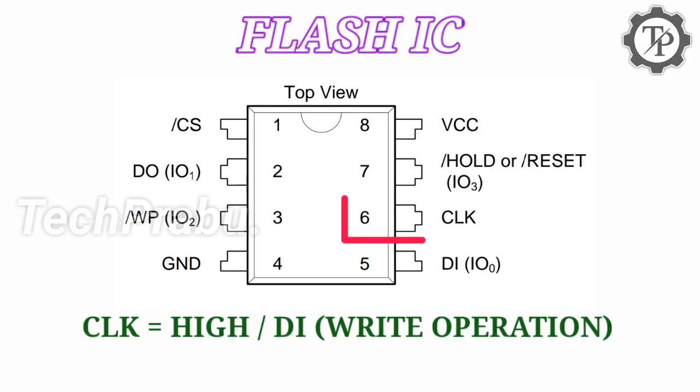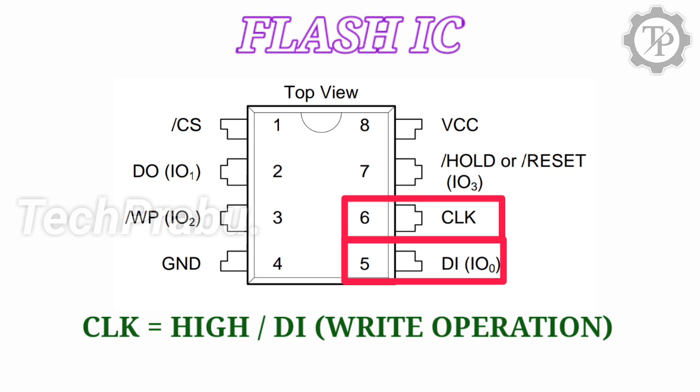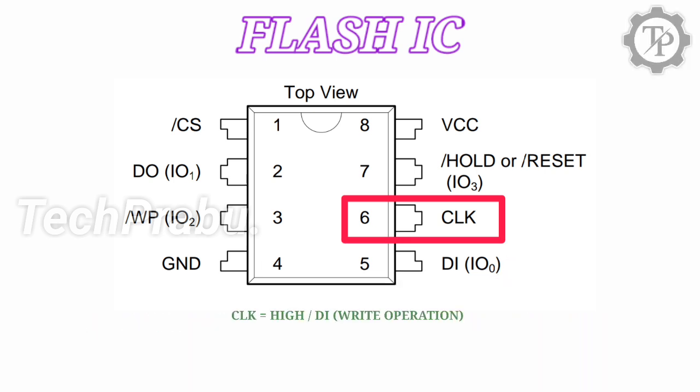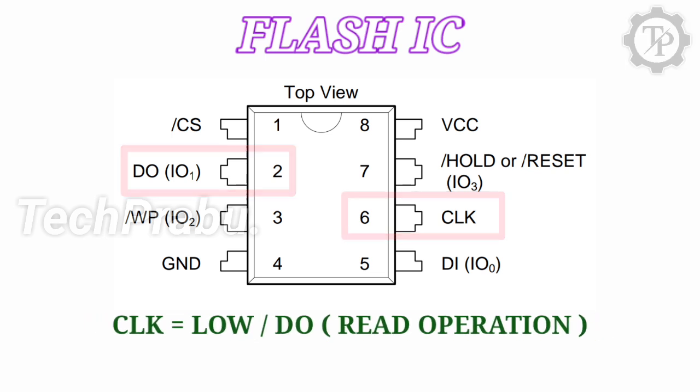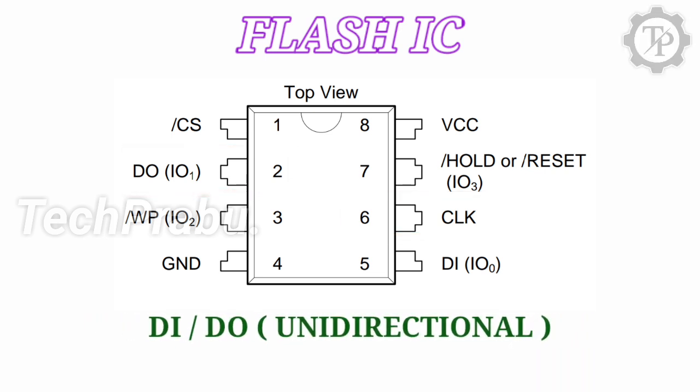When the clock signal is high or rising edge, at that time DI input pin is used to write the instruction or data to the memory IC. When the clock signal is low or falling edge, the DO output pin is used to read the data from memory IC. So the DI and DO pins can be used to accomplish the read and write operation.